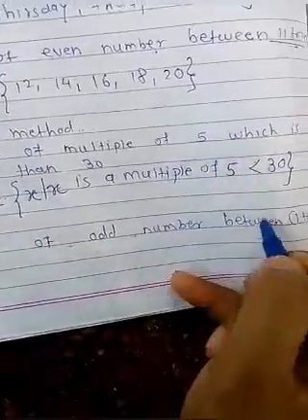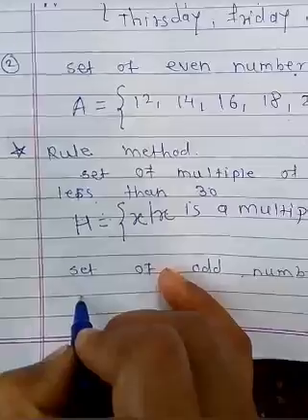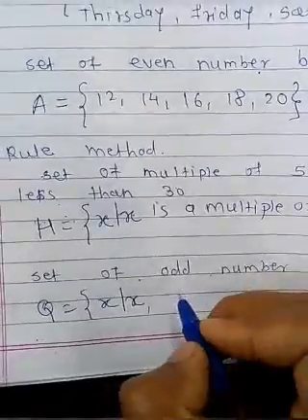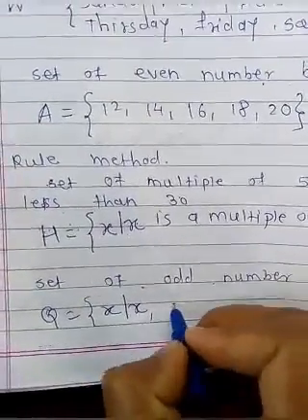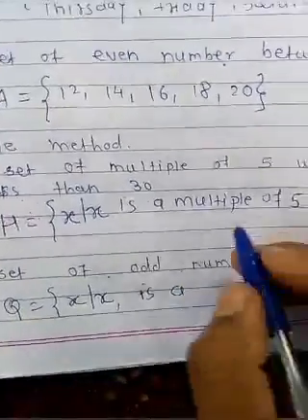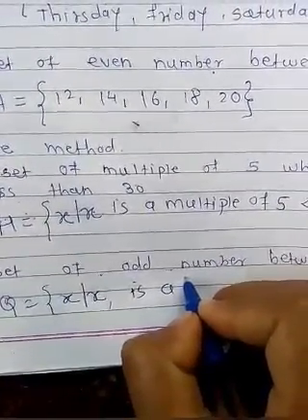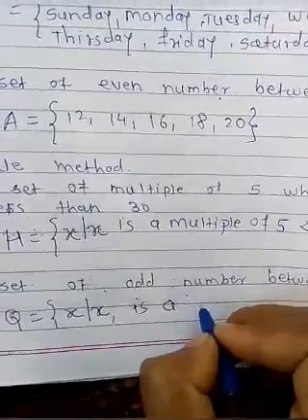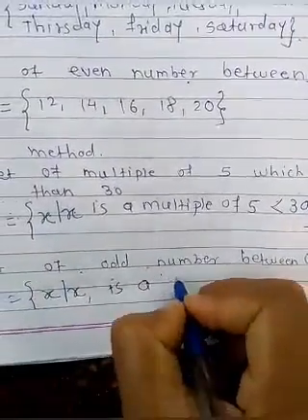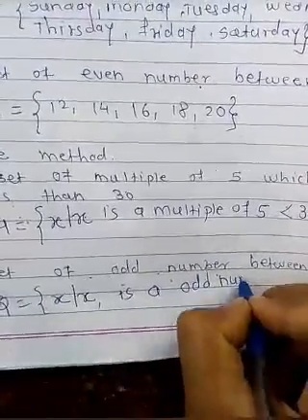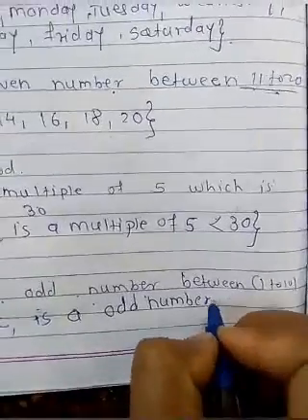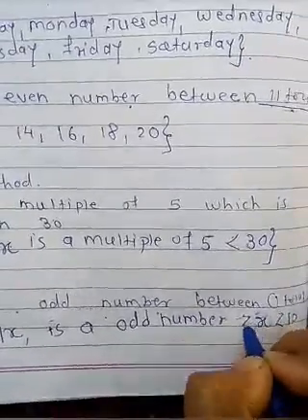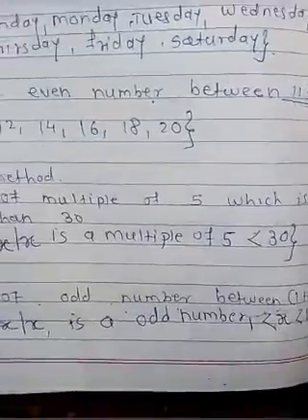Set of odd numbers between 1 to 10 means X is an odd number between 1 to 10.